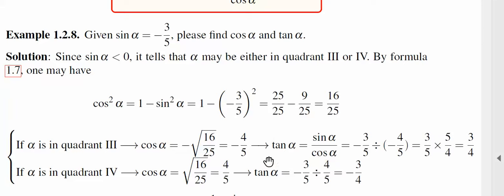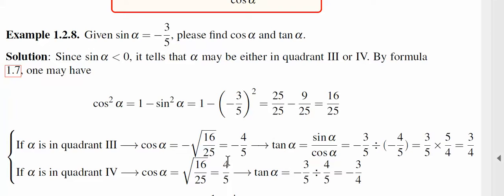Cosine alpha is the x coordinate of point P in the definition. So when alpha is in the fourth quadrant, the x coordinate of P is positive.